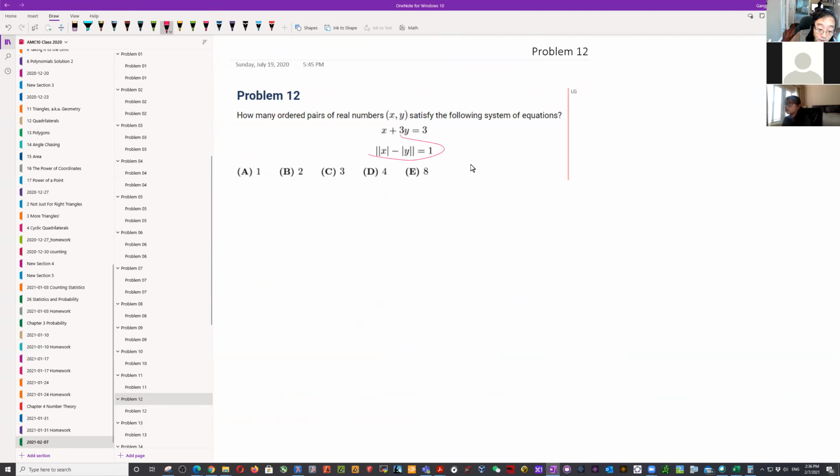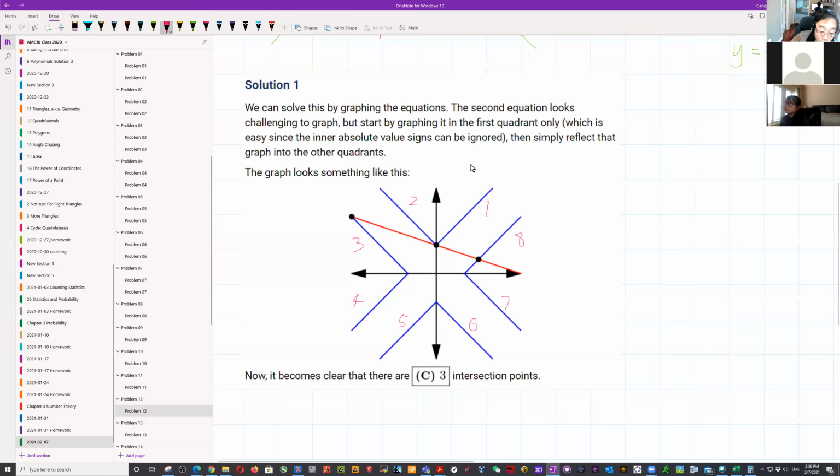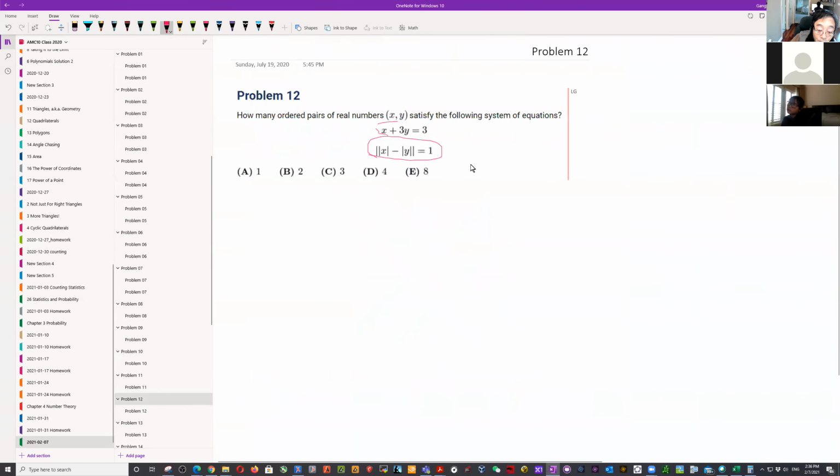And then you have this one as a line. How many times is this line going to cross those blue lines?